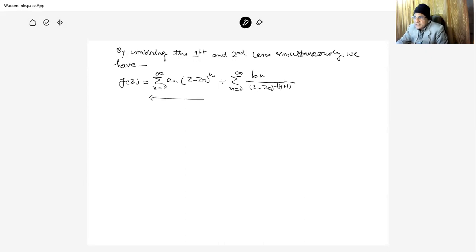This part is when z dash is greater than z, and this part is when z dash is less than z.